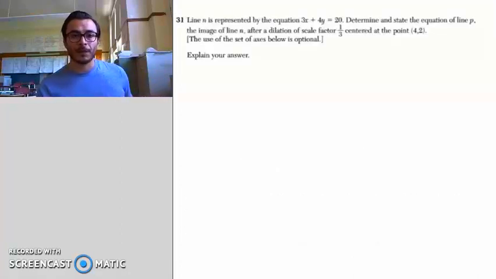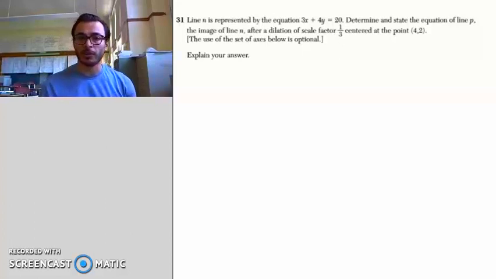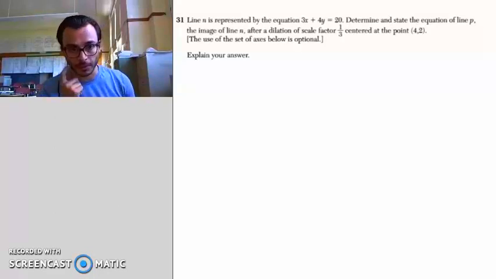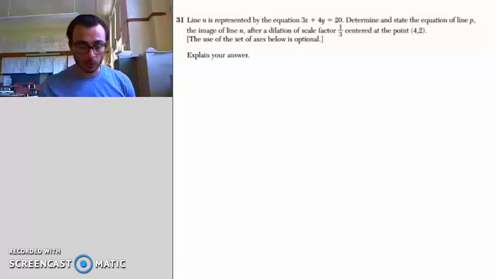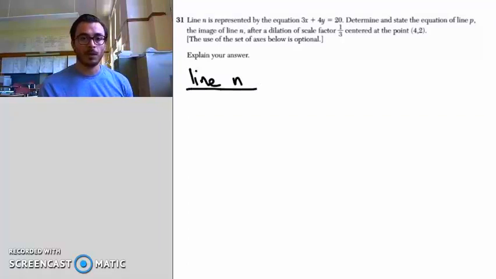Number 31. Line N is represented by the equation 3x plus 4y equals 20. Determine and state the equation of line P, the image of line N, after a dilation of scale factor 1/3 centered at the point 4, 2. Explain your answer. Okay, so we're starting out with line N. So here's line N, and it's got this equation, 3x plus 4y equals 20.